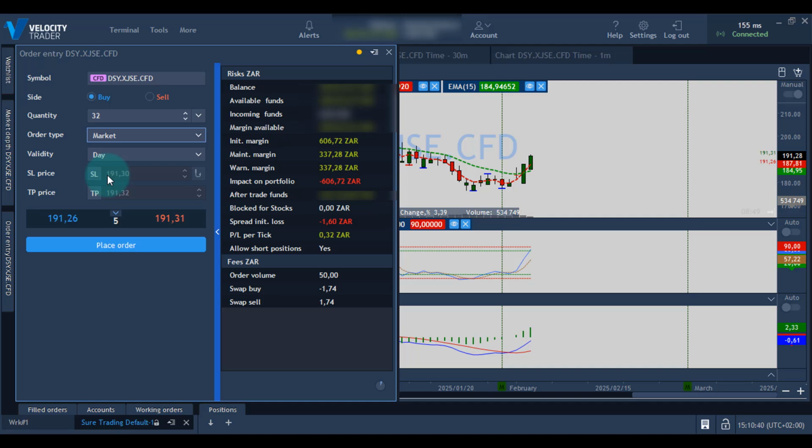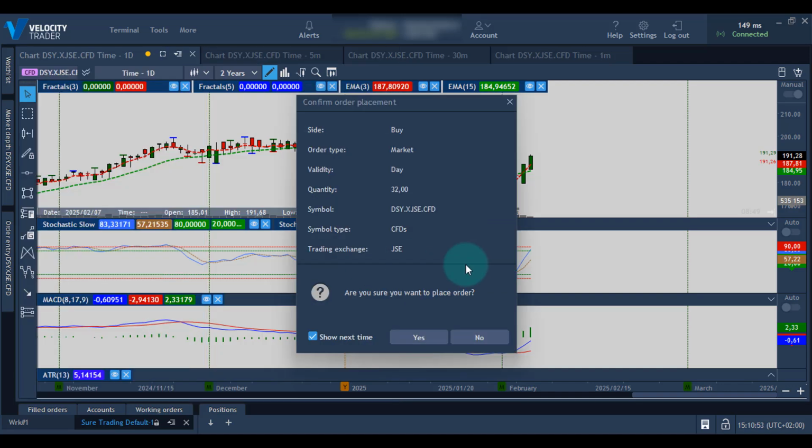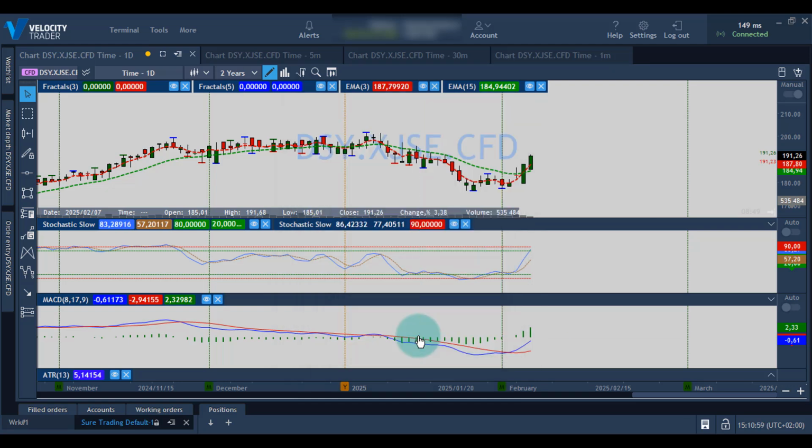If we're happy with all of the criteria, we're ready to press the button and place the order. Just confirm it, make sure everything's correct, and then click yes. And there you go. We are now in a trade on Discovery CFD.